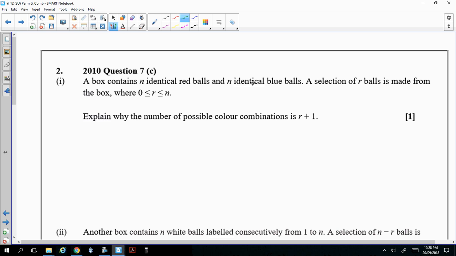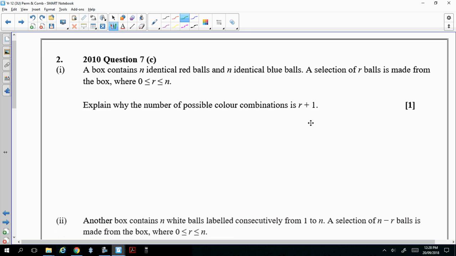Okay, think about it. Let's see how that works. So you've got blue and red. You draw a table. We could have blue here, red here. So what are the possibilities?